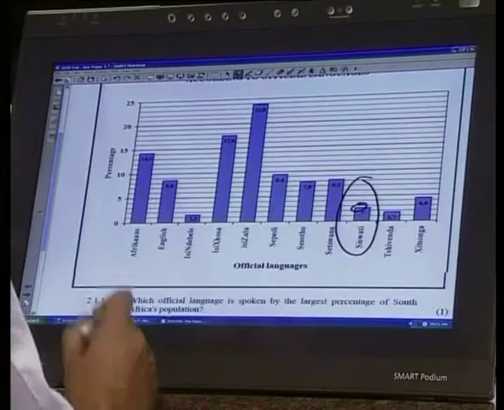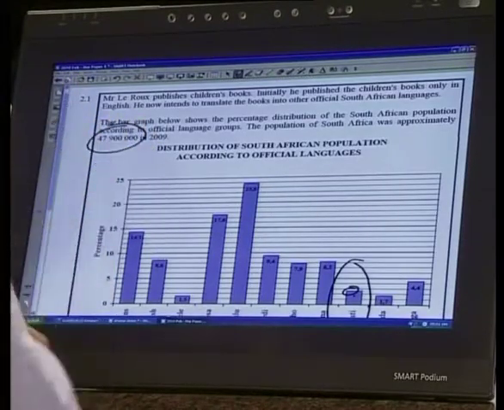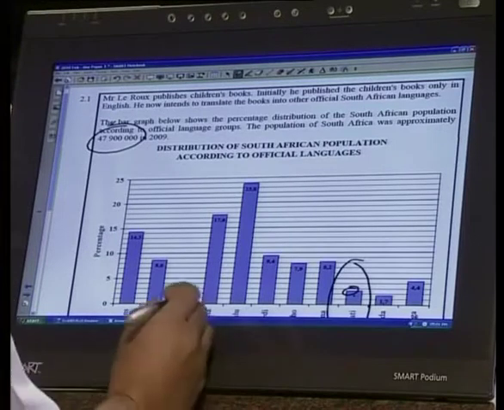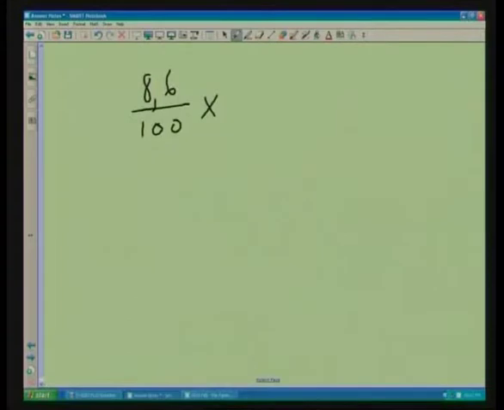So we're going to say of the population. Well, what is my population? Let's go and have a look at the question again. We're going to go right to the top, and there she is there. 47,900,000. So our population, 47,900,000. Big number, nearly ran out of ink.